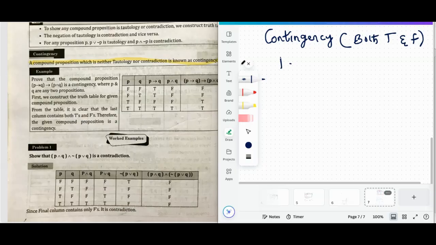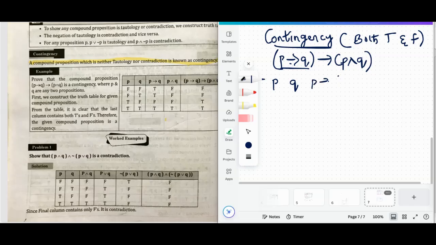For example, we'll take P implies Q implies P and Q. To prove the contingency, we take P, Q, then P implies Q, then the second bracket P and Q, and then both together, which we will call 1 and 2, and then 1 implies 2.